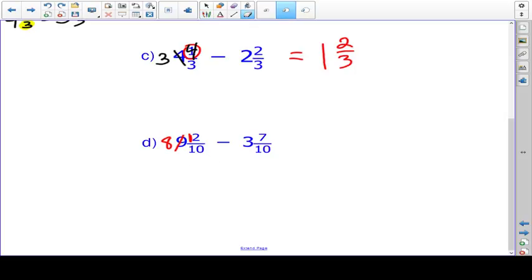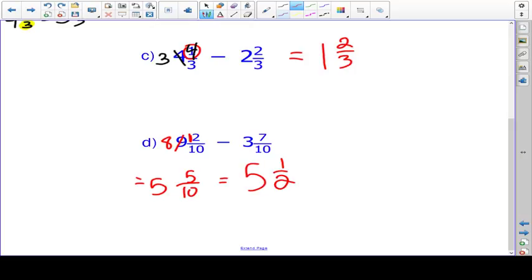And now I can go ahead and do the subtracting. 12/10 minus 7/10 is 5/10. 8 minus 3 is 5. So it's 5 and 5/10. We can simplify 5 out of 10 into 1/2. So the answer is 5 and 1/2.